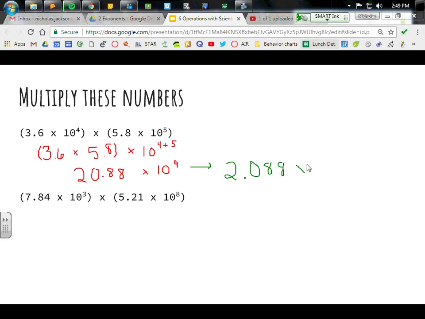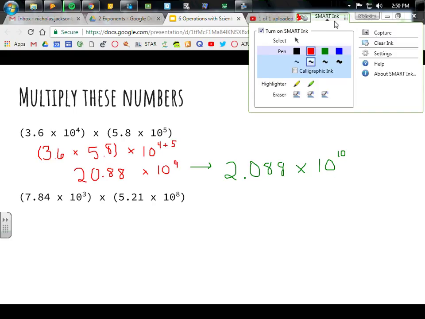By doing that, that's actually going to change our exponent, because now it's going to take a higher power of 10 to actually equal the real number that this is standing for. So that means that we have to increase our exponent by 1 since we had to move our decimal 1 space. So this will end up being 2.088 times 10 to the 10th. Hope that made sense.